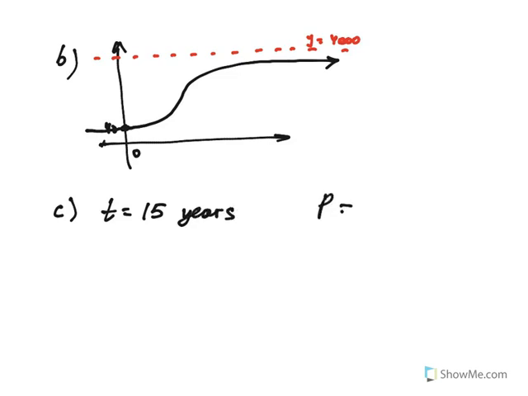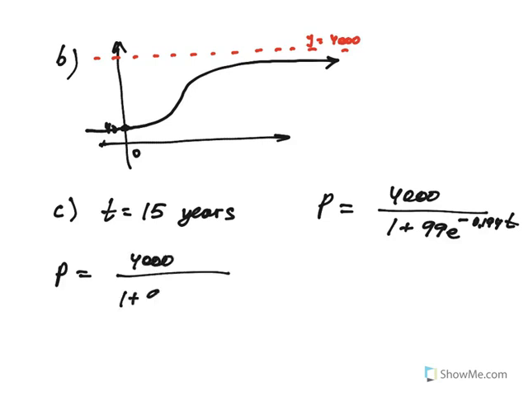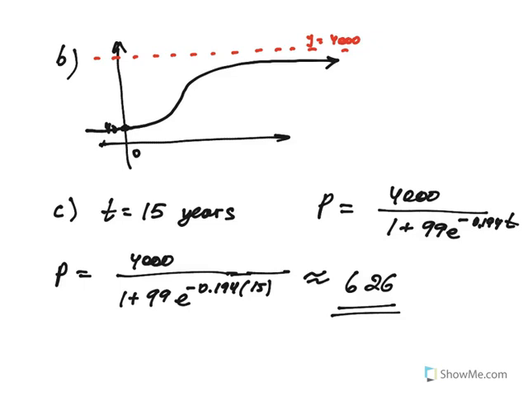So I'm going to copy my equation again. 4,000 over 1 plus 99 e to the power of negative 0.194t. So P equals 4,000 over 1 plus 99 e to the power of negative 0.194 times 15. So all you have to do is just type this in your calculator, and you will get 626. So that's your population after 15 years.